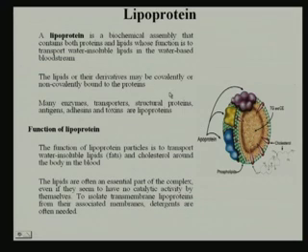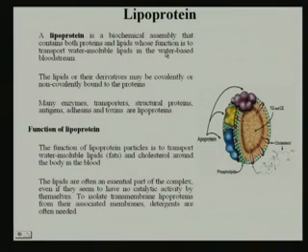Now, if we come to the lipoprotein, a lipoprotein is a biochemical assembly that contains both proteins and lipids, whose function is to transport water-insoluble lipids in the water-based bloodstream.